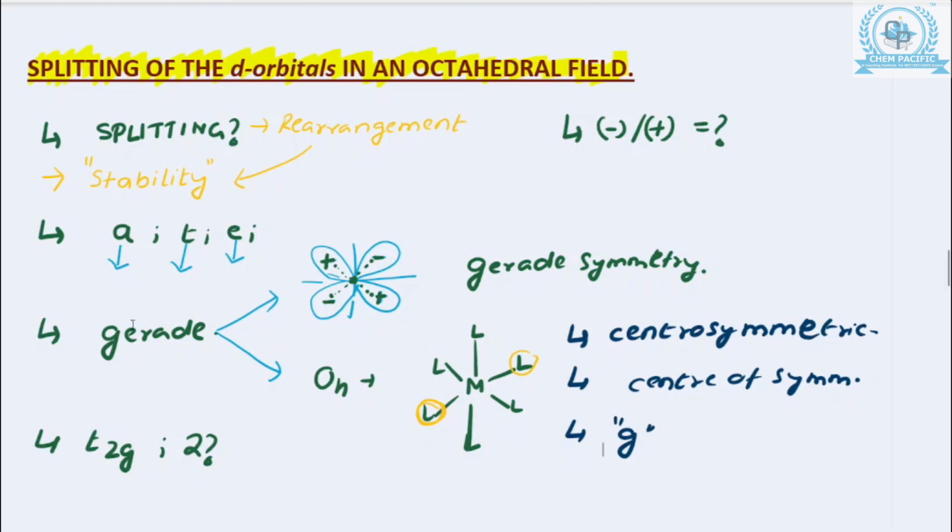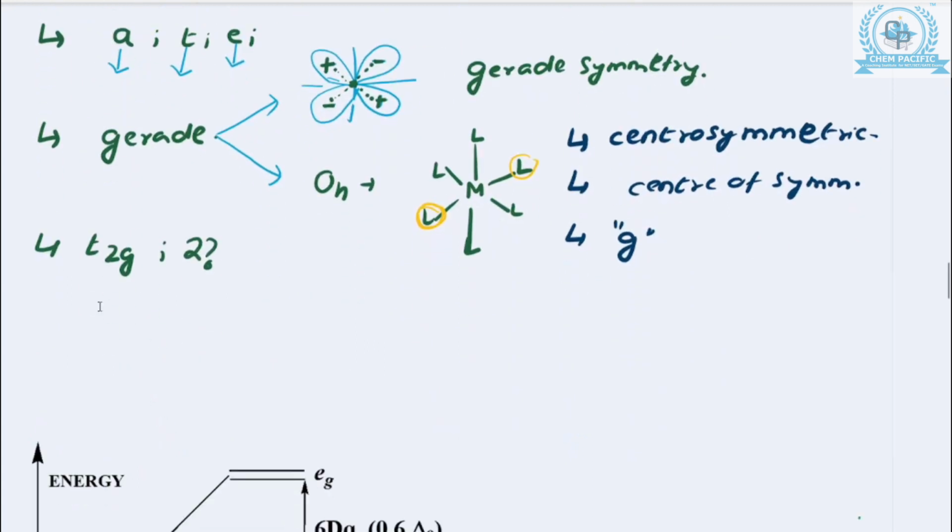Now, what does this 2 indicate? 2 means when it is antisymmetric, when the orbitals are antisymmetric with respect to the subsidiary axis or molecular plane.